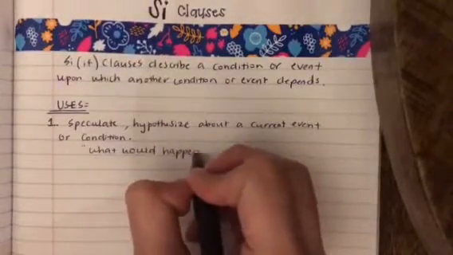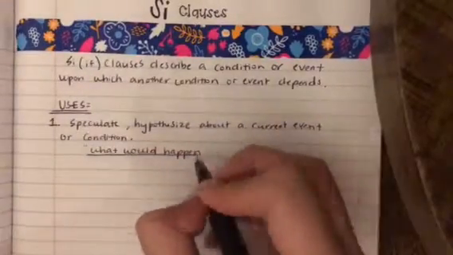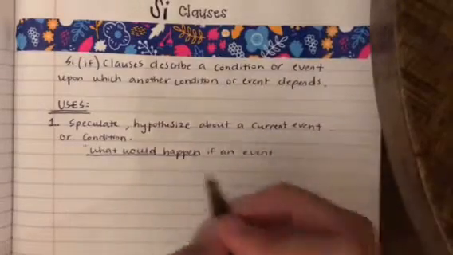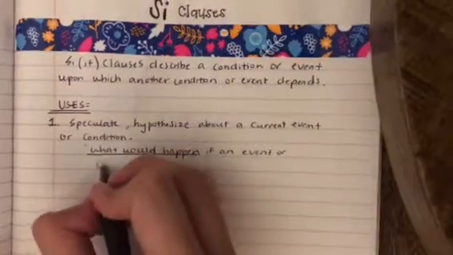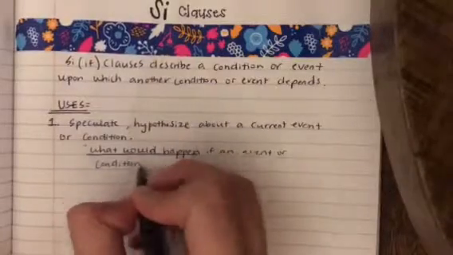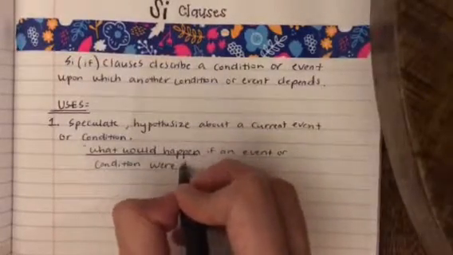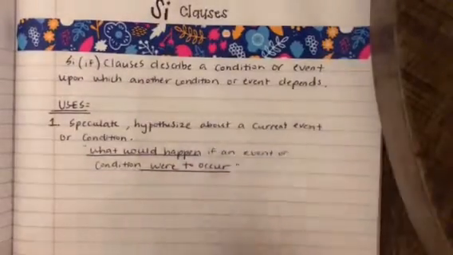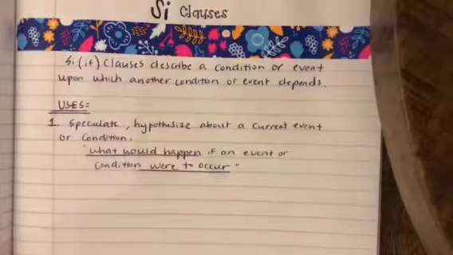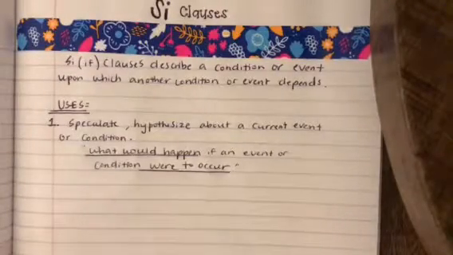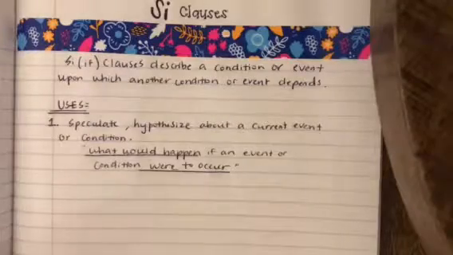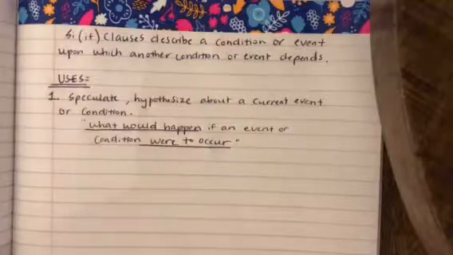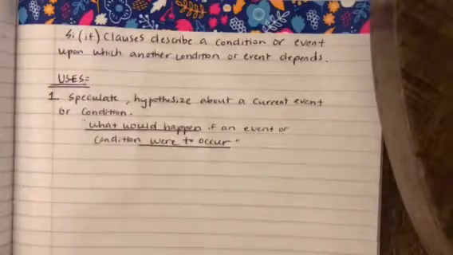What would happen, all right, if an event or condition were to occur. So these are your keys, and this is what will show you which tense to use in the French language. Okay, so I want to talk about what would happen if a condition were to occur. I'm going to be using the imparfait, and I'm going to be using the conditional.